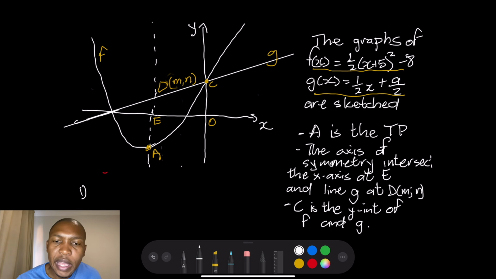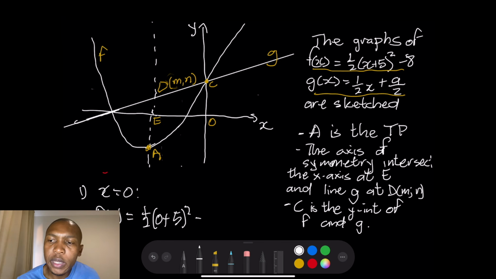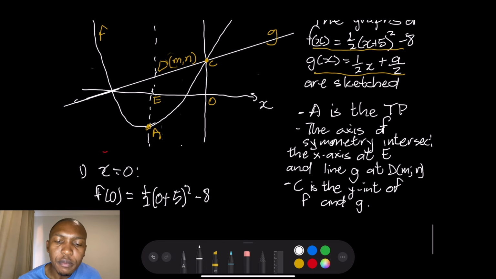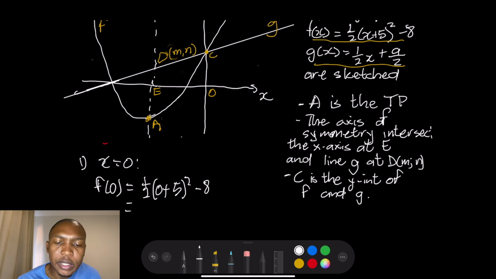We know that x is equal to 0. So I can use that for f(x). So f(0) in that case would be equal to 1/2 times (0 + 5) squared minus 8. Let's see.